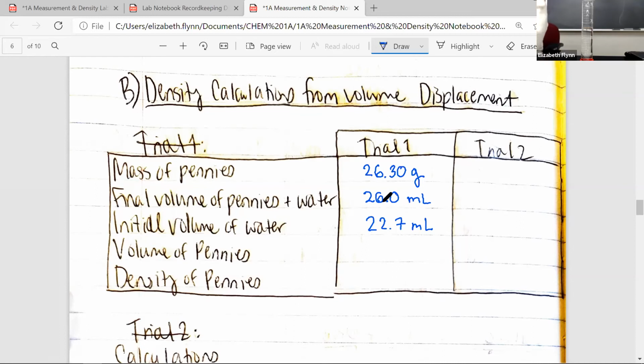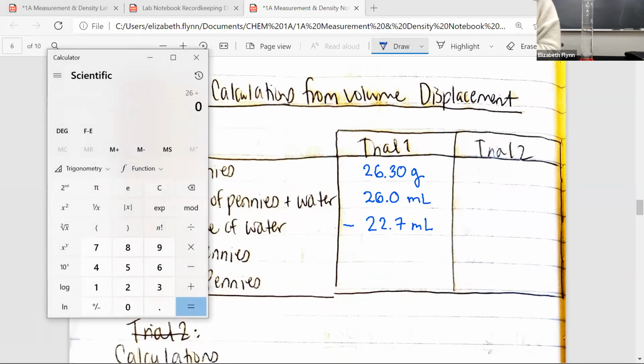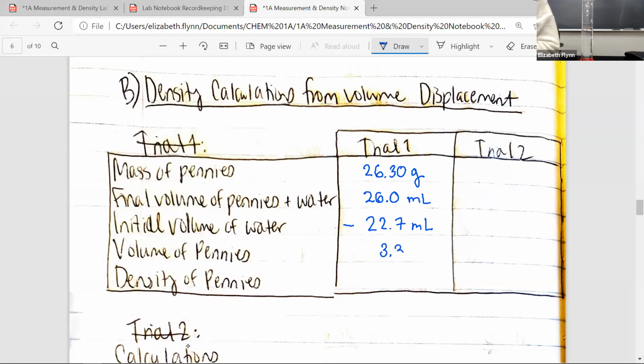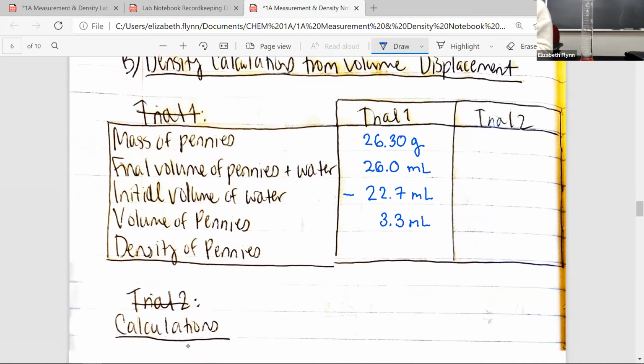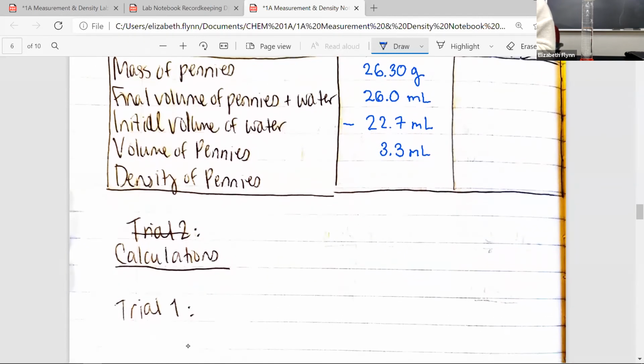And so now we're going to just subtract. We're going to use the same method that we did in the first parts for just obtaining the mass of the water. Now we're using it to determine the volume of the pennies. And so 26.0 minus 22.7 milliliters gives us a volume of 3.3 milliliters. So that's now our volume of pennies using water displacement.